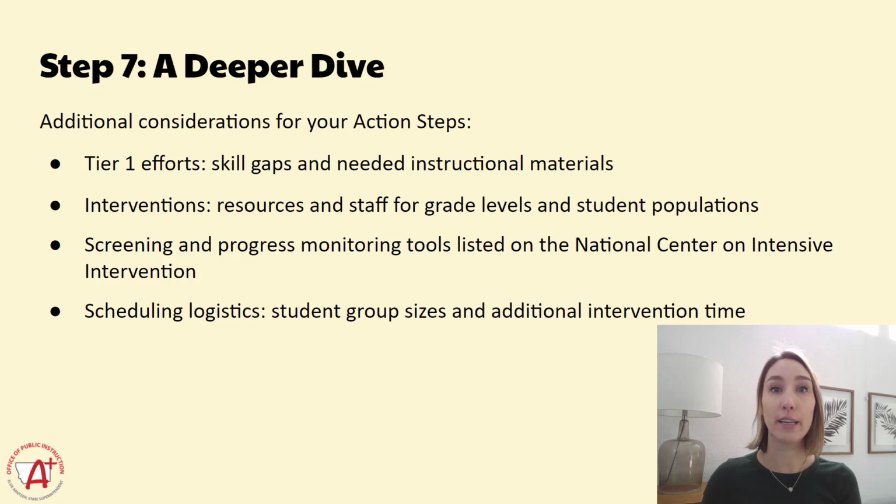This site provides intervention programs for students who have been identified as needing additional support in academics or behavior. Also take student group sizes into account and consider whether additional time for intervention might be necessary for your specific student population. Finally, think about how your action steps might affect scheduling for the next year.